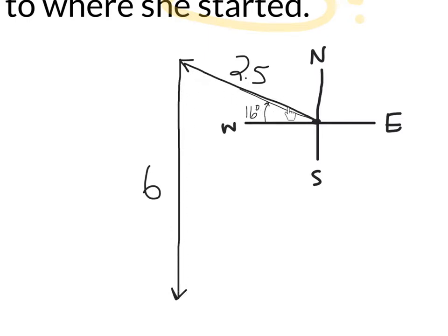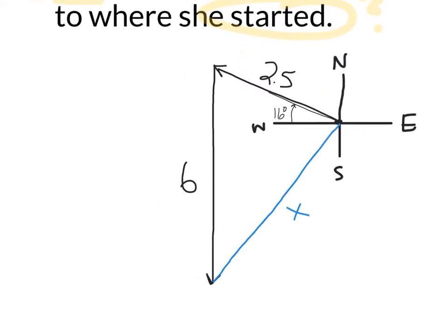We don't know the angle, but we know that it's 6 miles. Then she turns, and the question is, how far does she have to walk to get back home? X.